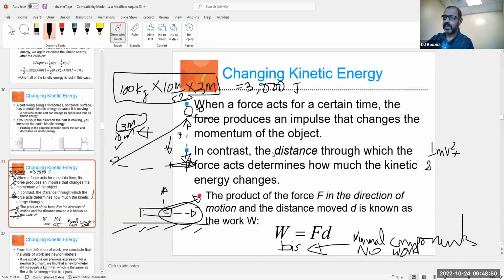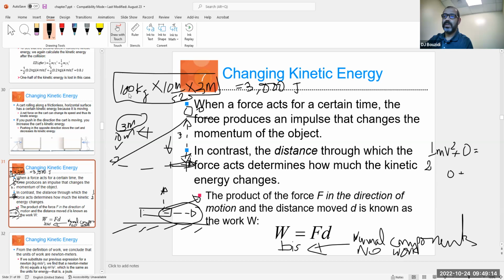In the beginning, it has 0 velocity. But it has 0 height at this point. This is the height I'm referring to as the origin of the potential energy. So at the end, I have one half mv squared plus 0 potential energy. In the beginning, I have 0 kinetic energy because it was not moving, one half times 0 squared is 0, plus mgh.